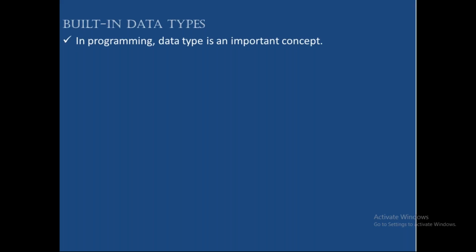That's how you will come to know that data corruption is going to happen, and you avoid it with the help of data types. Understood, friends? So data types are very important to process your data properly.